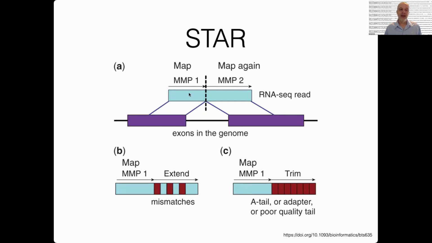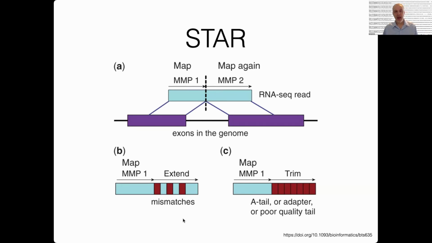And so if there's a known intron, it won't have a problem. It's actually pretty easy for it to handle this. But it also has a component where it's going to be able to identify unknown introns, where there's a chunk that's in the genome that is missing from the read.